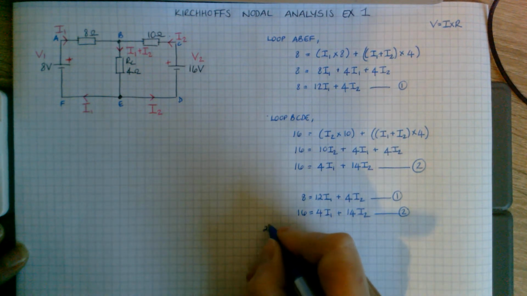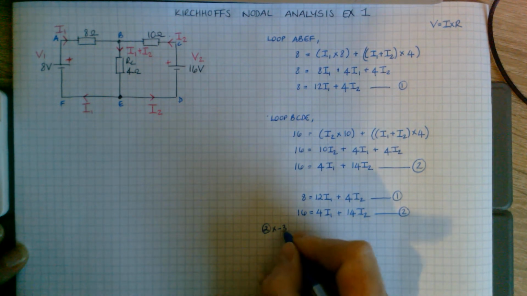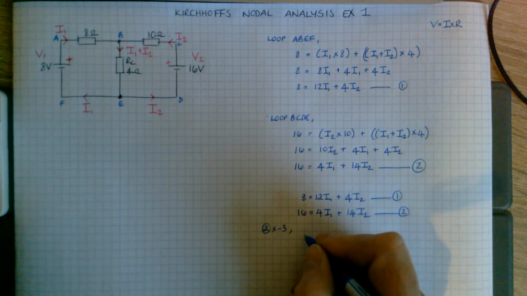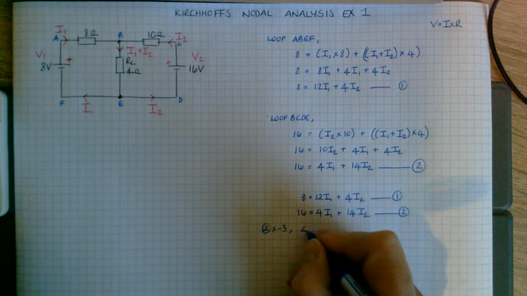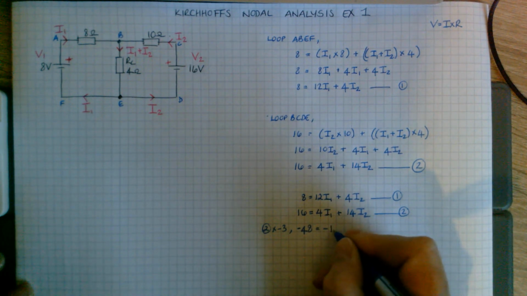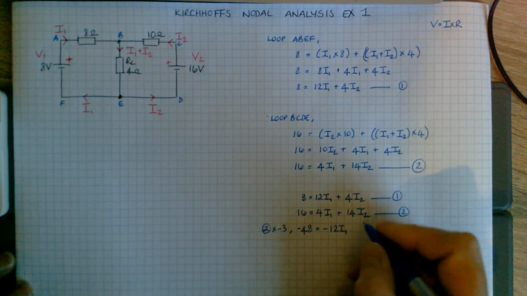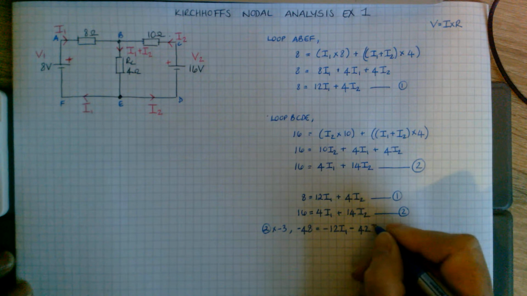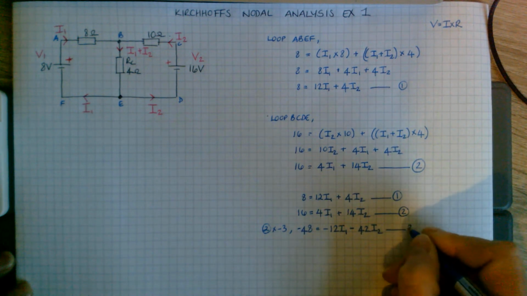So I'm going to do equation 2 times -3. So 16 times -3, -48 rather, is minus 12I1 minus 42I2. And that's equation 3.